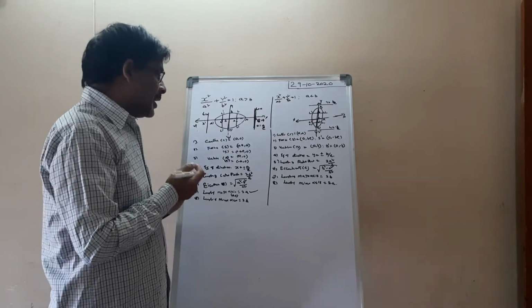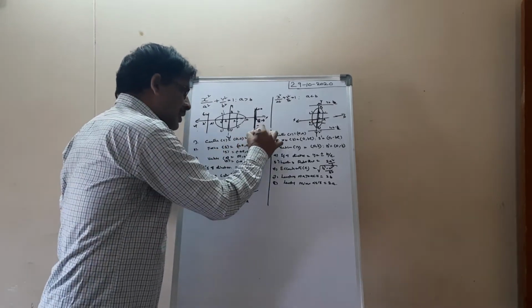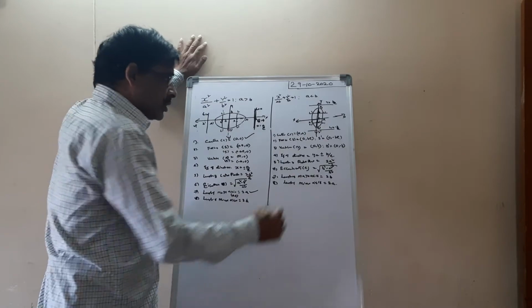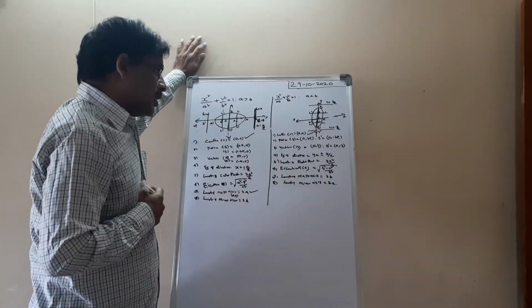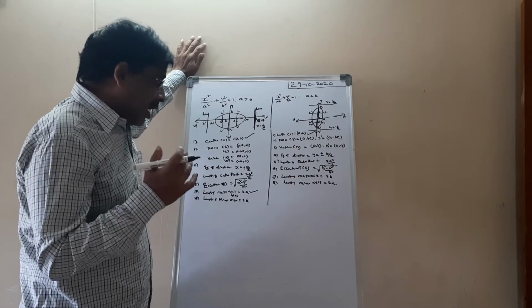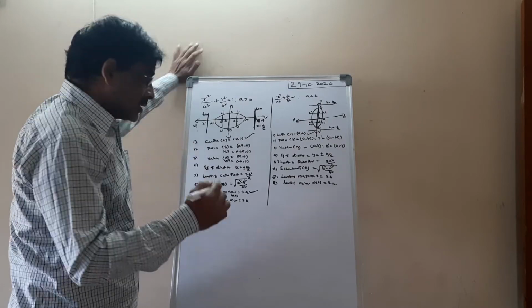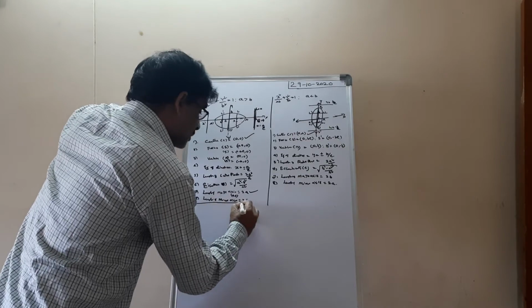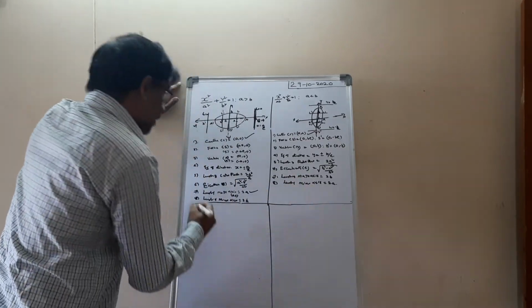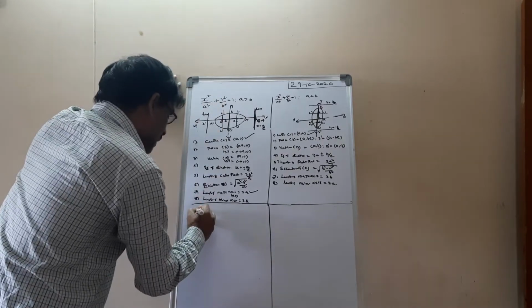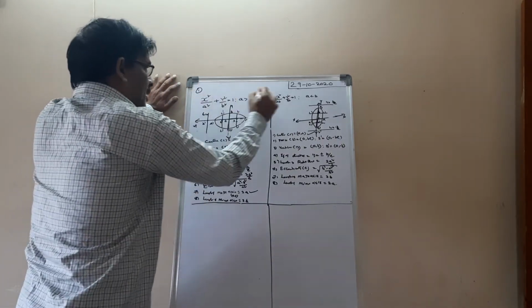See, here you observe, you have taken the center as 0, 0 in both types of ellipses. Suppose the center is not 0, what happens? See, let me write here. Suppose this is the first type of ellipse.